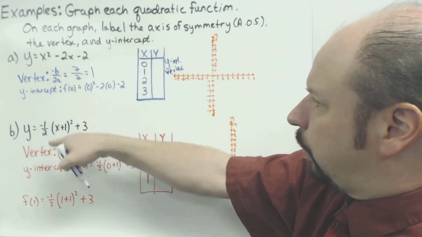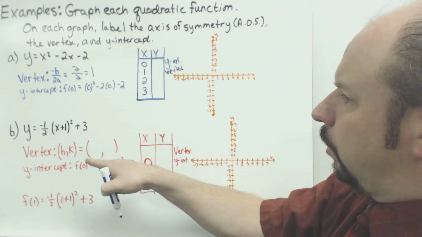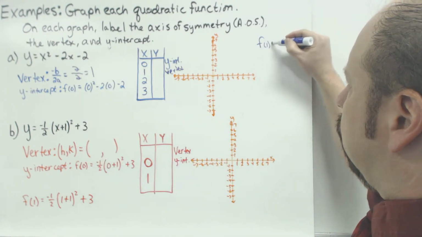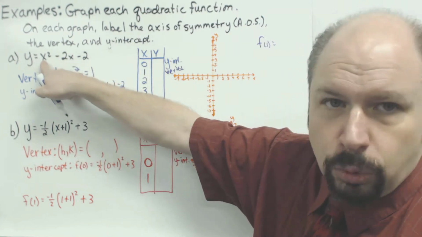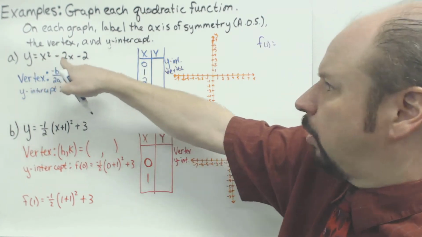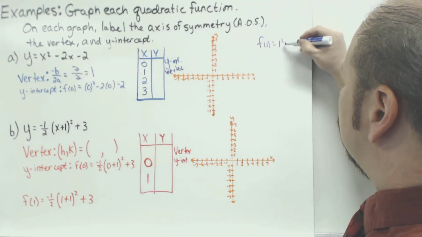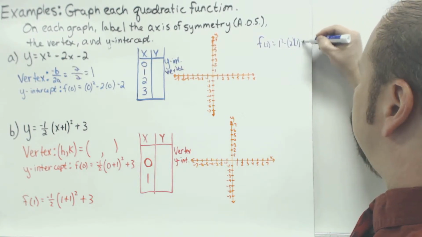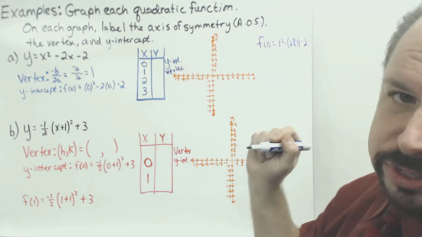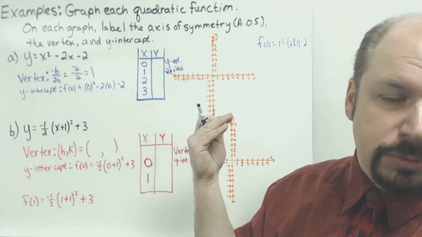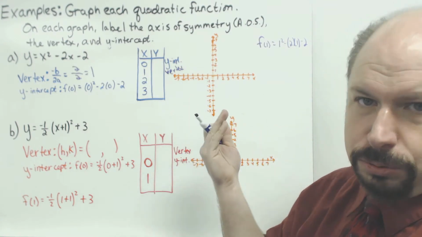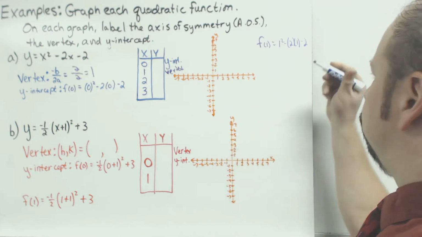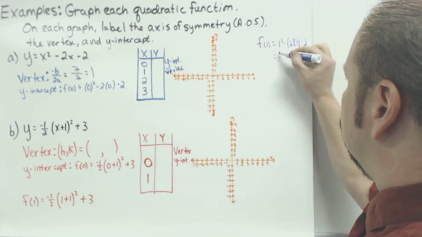So we're going to find f of 1. So when we find f of 1, we're going to put in 1 for x. So 1 squared minus 2 times 1 minus 2. So 1 squared is 1, minus 2 times 1, well, 2 times 1 is 2. So 1 minus 2 is negative 1, minus 2 more is negative 3.